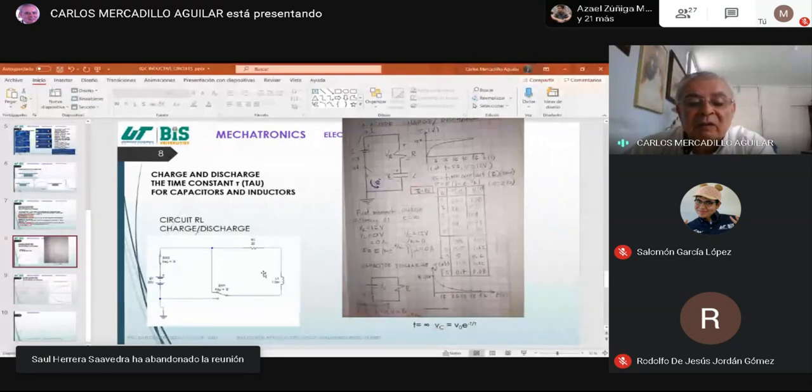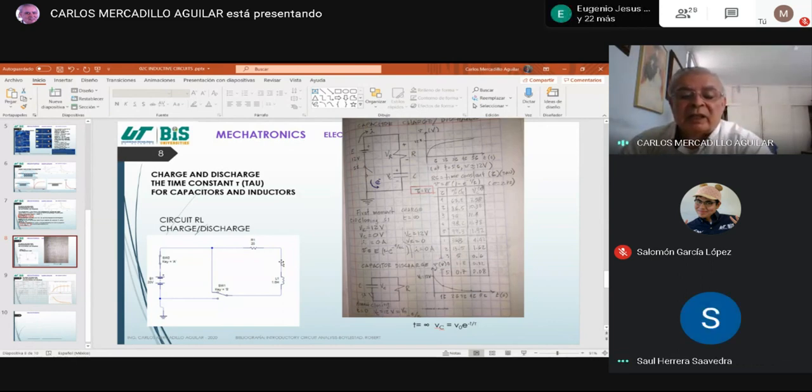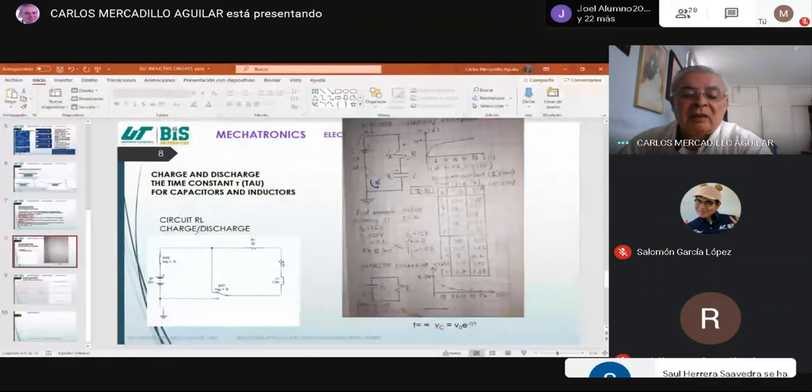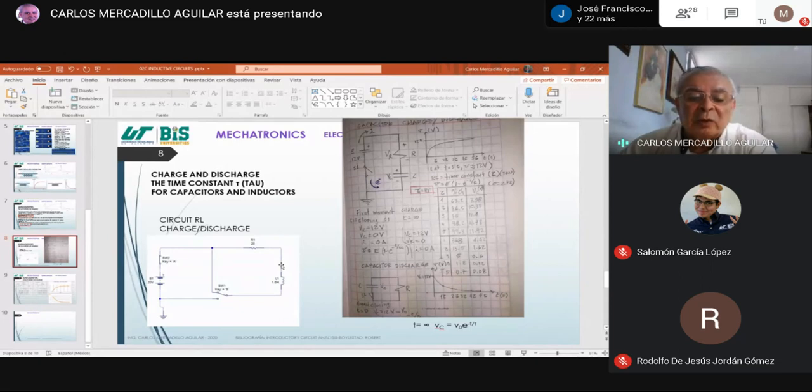I had done it before, but now I think I need some kind of probe. They use probes to measure the current even in the software, but I have not remembered how to do it in LiveWire. And in Multisim, I know how to do it, but I have a problem with my license. I'm working on it.